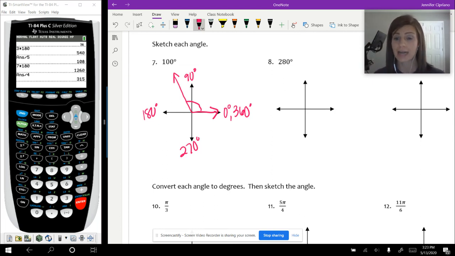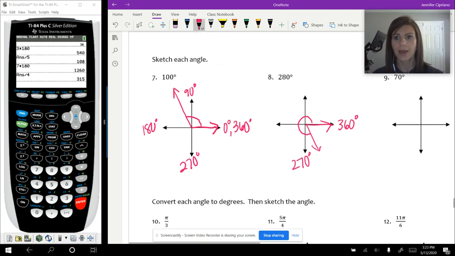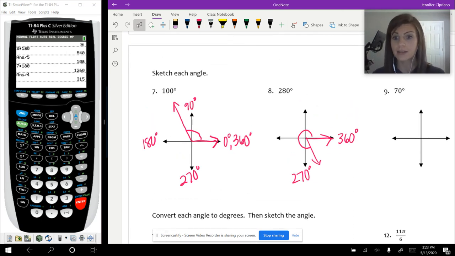So 280 degrees. We know that the negative y-axis is 270. A whole revolution would be 360. So if we start at 0, rotating 280 degrees would be just a little bit past 270, okay? And finally, 70 degrees.